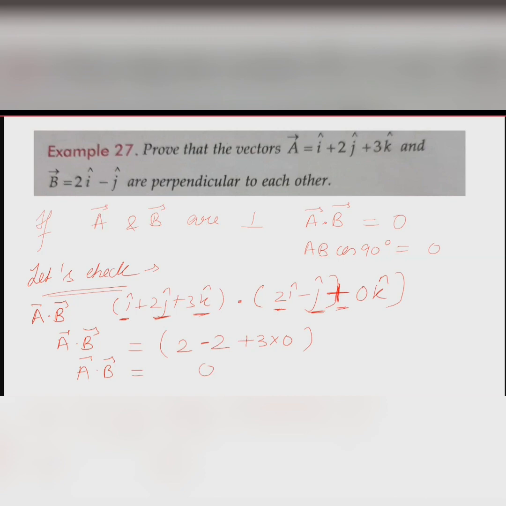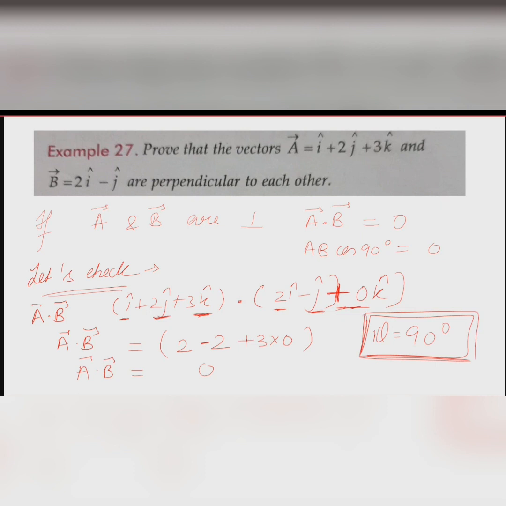Because there is nothing with k hat, it means 3 multiplied by 0. So 2 and minus 2 get cancelled. So I've got A dot B as 0. This proves that if A dot B is 0, it means cos theta is 0, that means theta is equal to 90 degrees. Fine.